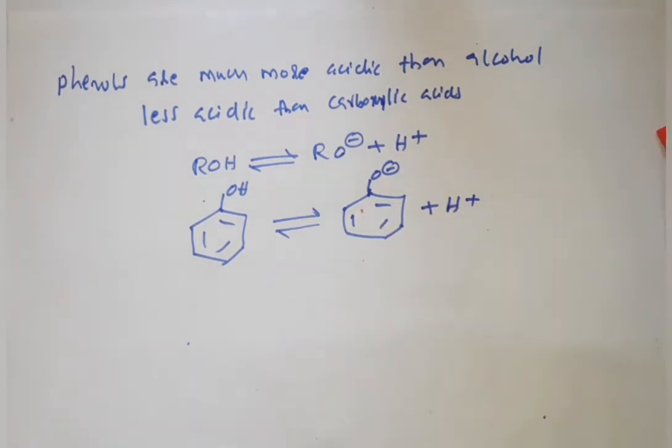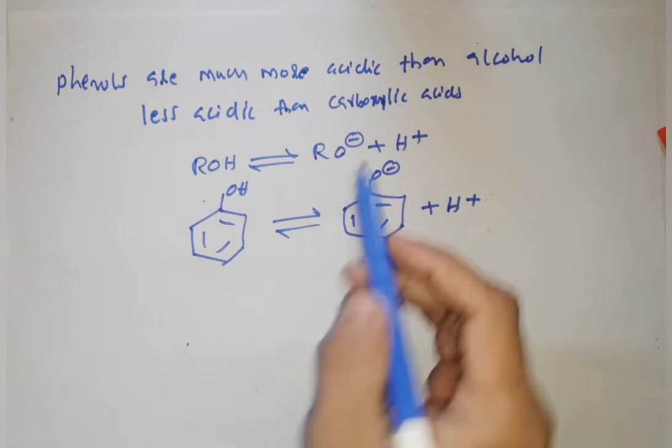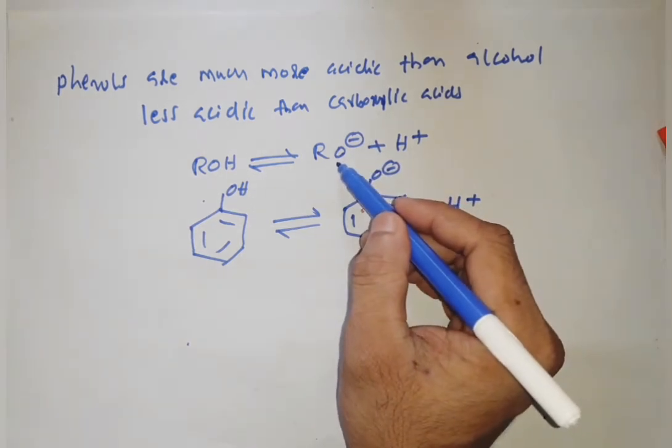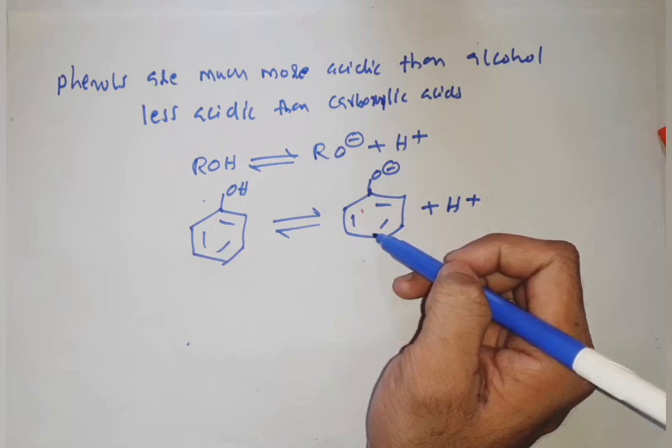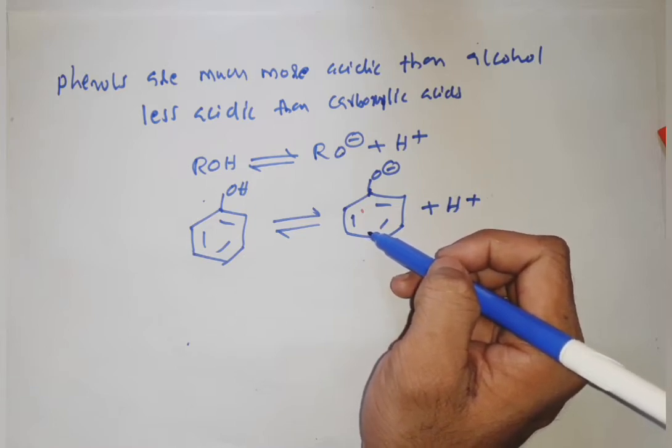So the ion formed by the ionization of phenol, that is phenoxide ion, is more stable than the alkoxide ion. That's why phenols are much more acidic than alcohol.